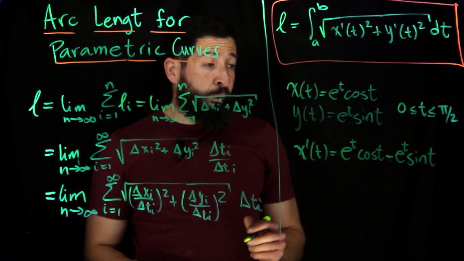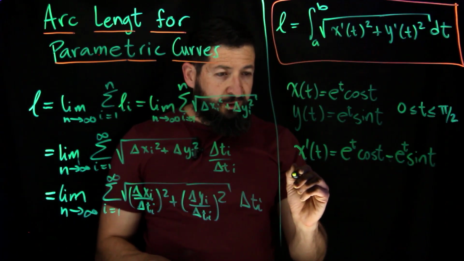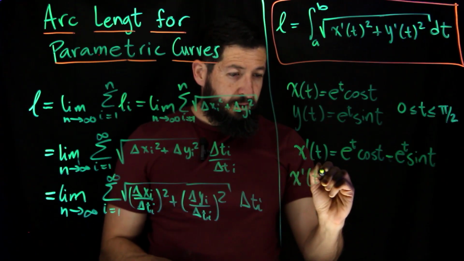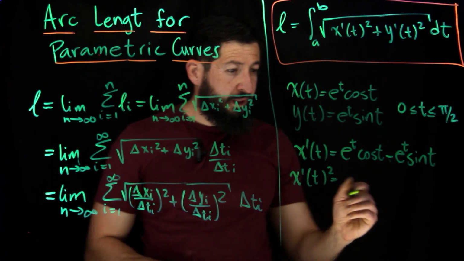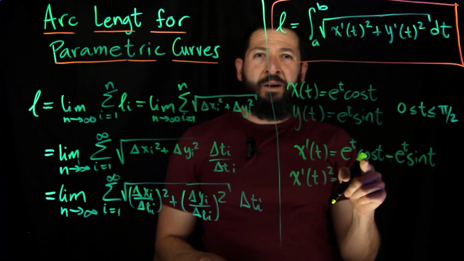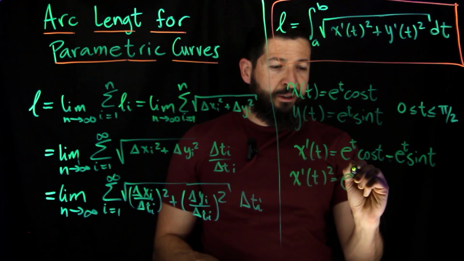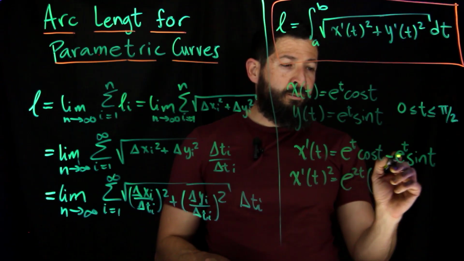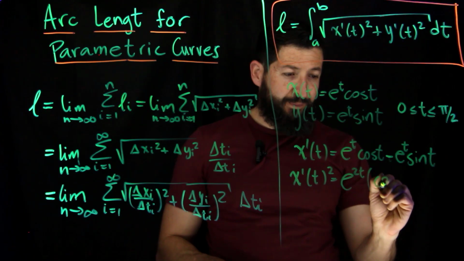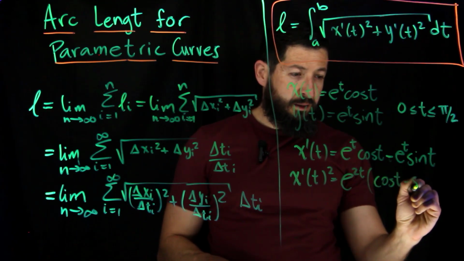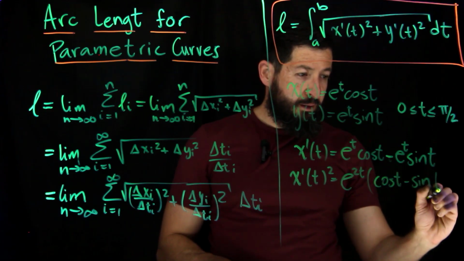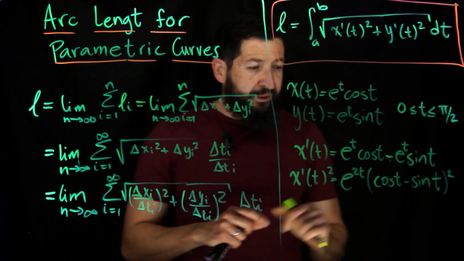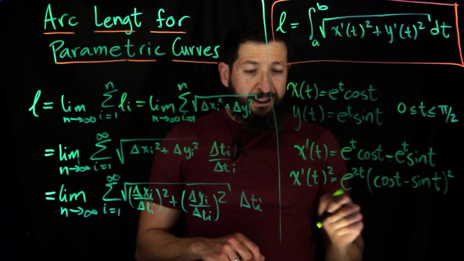And then I'm going to have to square it. So I'm going to take a common factor e to the t, so it's going to be e to the 2t because I'm going to square it. And then I'm going to have the square of cosine minus sine. Alright, and then we'll FOIL this out in a minute.